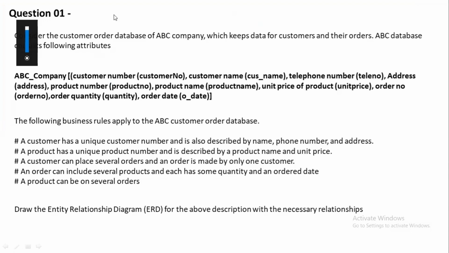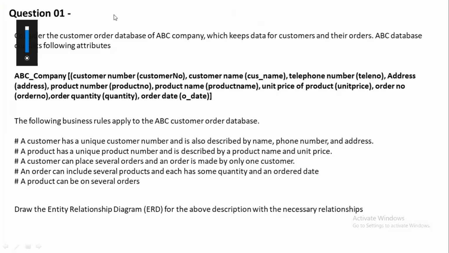The ABC database consists of the following attributes, and they mention some attributes in here. So the following business rules apply to the ABC customer and order database. In the first line they are saying a customer has a unique customer number.